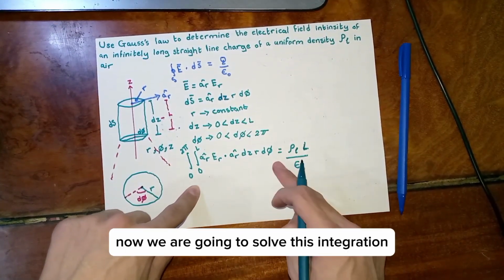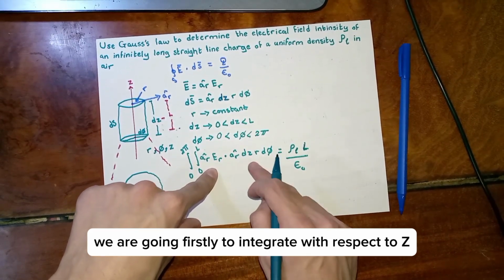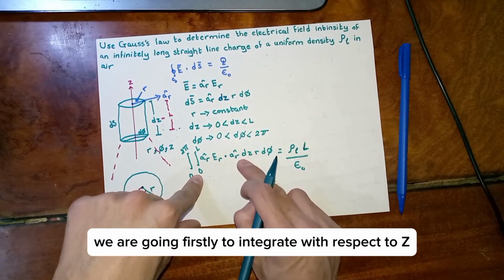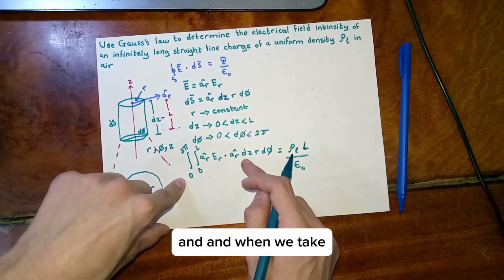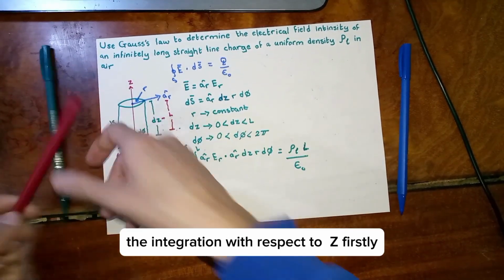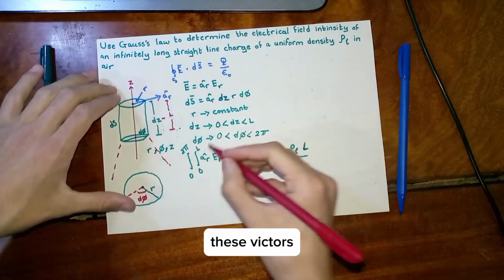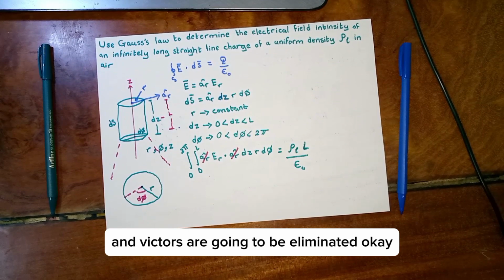Now we are going to solve this integration. We are going firstly to integrate with respect to z, then integrate with respect to phi. When we take the integration with respect to z first, these unit vectors are going to be eliminated.